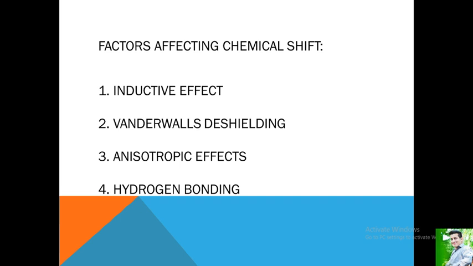In the inductive effect, a proton is said to be deshielded if it is attached to an electronegative atom or group. The greater the electronegativity of the atom, the greater is the deshielding caused to the proton.